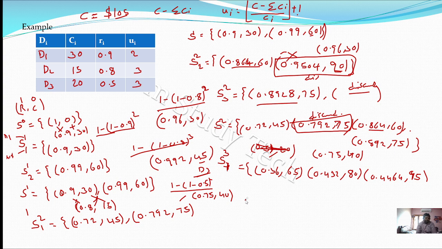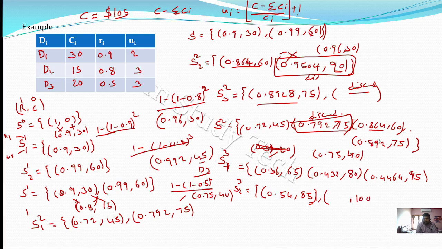Like that you can prepare S3 of two copies, that is equal to 0.5485, 45 plus 40, that is 85, comma here it is 40 plus 60, 100, here it is 100.